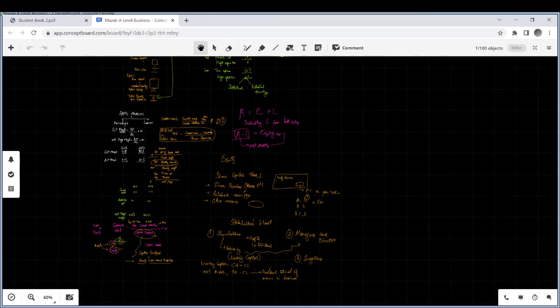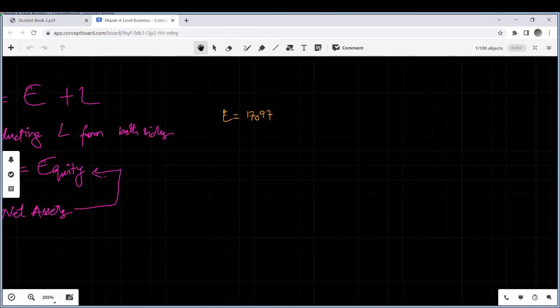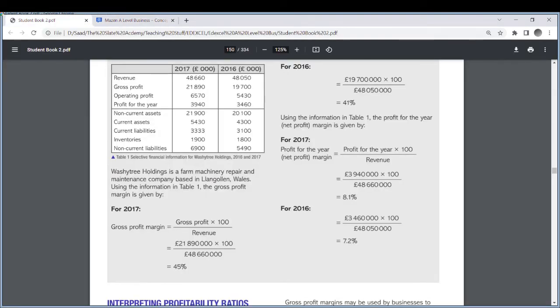So I write over here E is equal to 17,097, right? And then non-current liabilities were how much? 6,900.